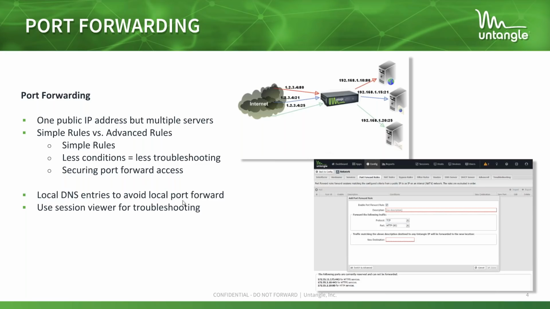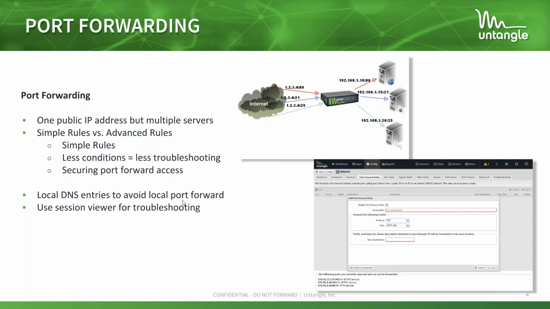All of those things require a port forward in order for that level of access to work. In many cases, you may have just one single public IP address, external interface, but you may have several different devices that need, in some cases, the same ports or same services and protocols that are required to actually deliver everything that you need to have accessible to the outside world.